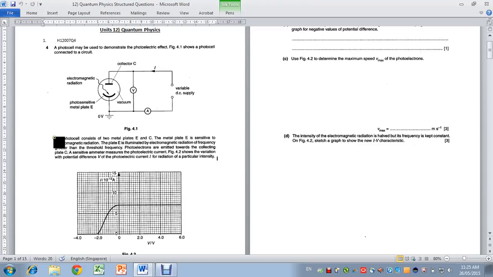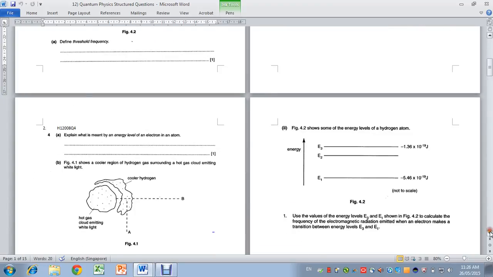It has two metals, E and C. E is sensitive to photons, and by radiating it with a certain frequency greater than the threshold frequency, the photons are emitted towards the collecting plate. Emitter measures it. So this is the usual setup that we have, and this graph over here is also the usual graph that we would expect.